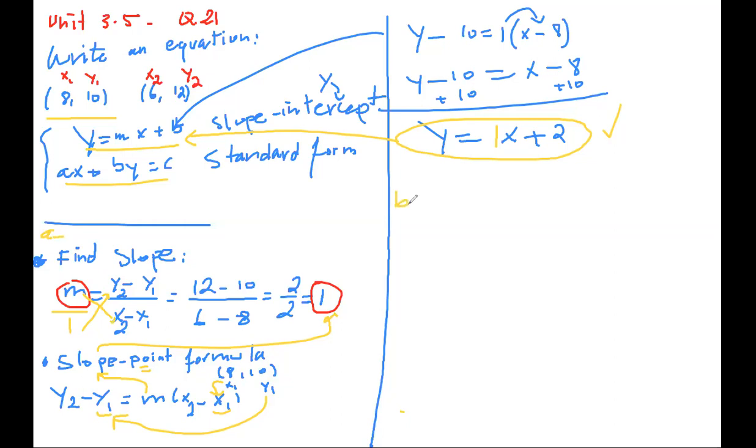Now, part B, we need to write the equation in what form? Standard. That's right. That's the slope-intercept form, and this is standard. We need to do one action here to this form to make it standard form. What is it? Basically, we want to have both x and y on this side.